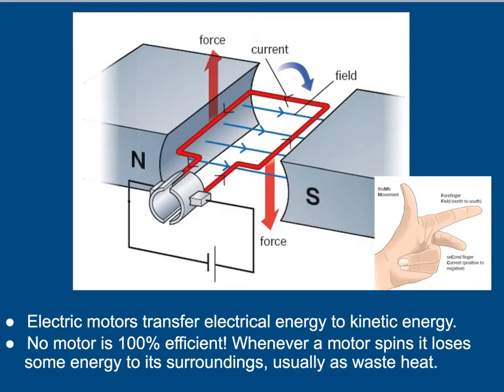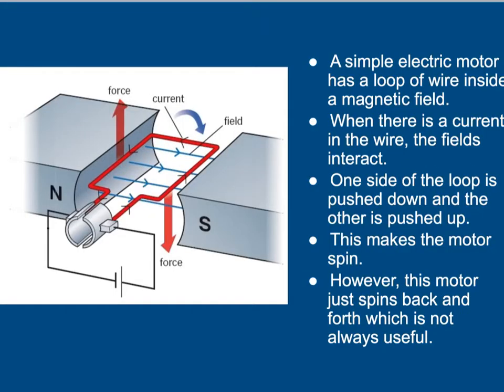This is a basic electric motor and it does make use of Fleming's left-hand rule, so you need to keep this in mind as we describe how it works. A simple electric motor has got a loop of wire inside a magnetic field. When there's a current in the wire, then a magnetic field is produced around that wire, and that field interacts with this magnetic field.